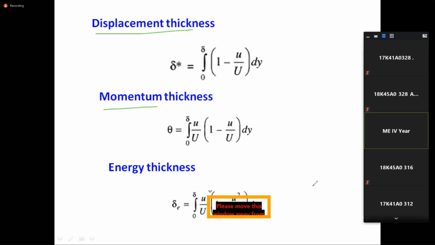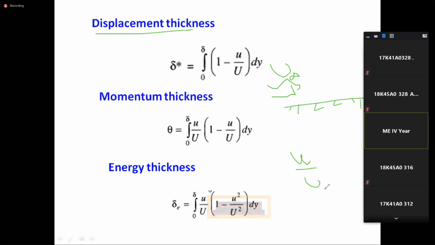When the velocity profile is given, for example, this is the surface in which the fluid is flowing with velocity u infinity. I know the u by u infinity velocity profile in this boundary layer, and you can derive delta x, theta, and delta e.